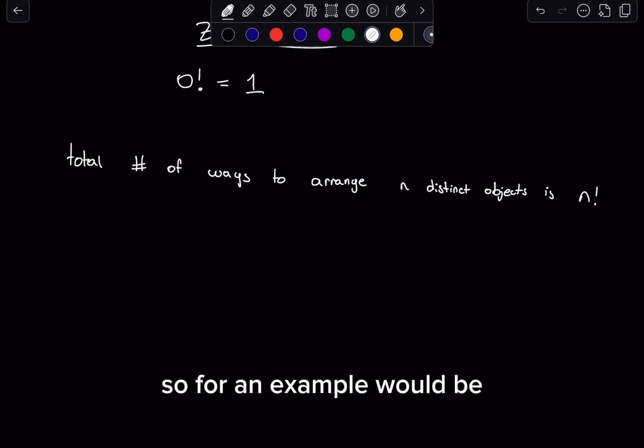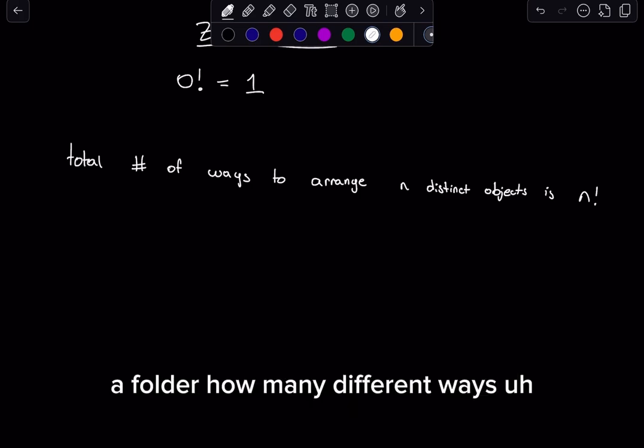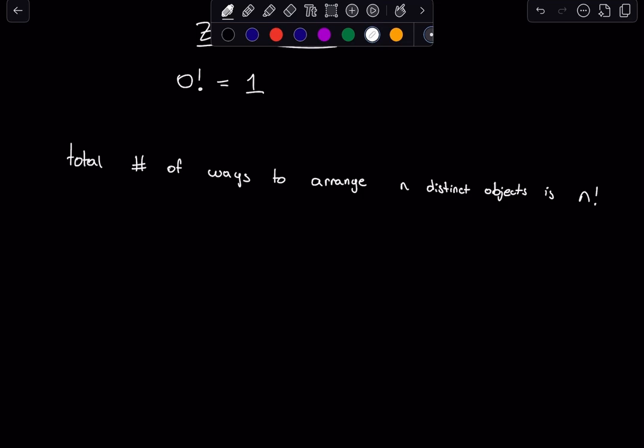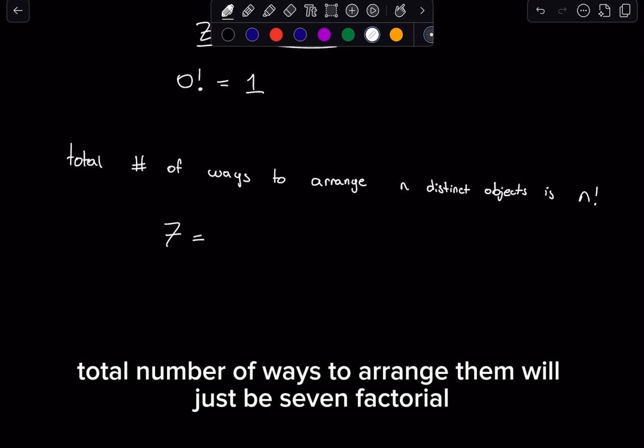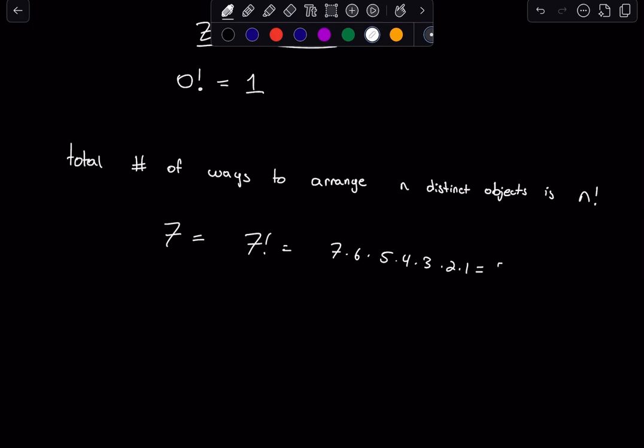So an example would be, if Michelle has 7 essays to include in her English 1A folder, how many different orders can she arrange them? So if she has 7 distinct essays, the total number of ways to arrange them will just be 7 factorial, which is going to be 7 times 6 times 5 times 4 times 3 times 2 times 1, which is equal to 5,040.